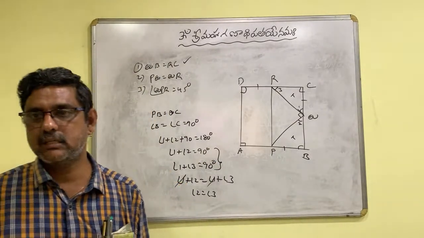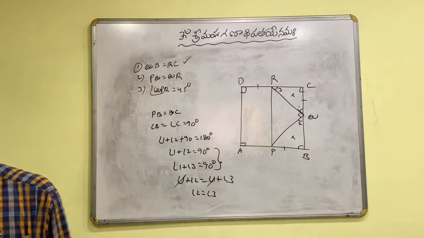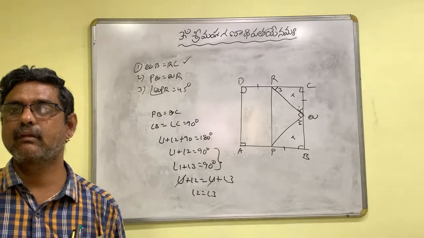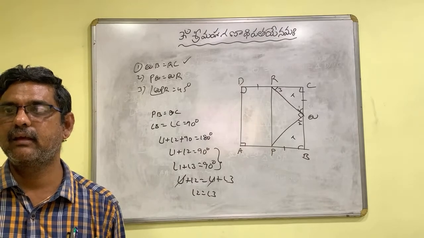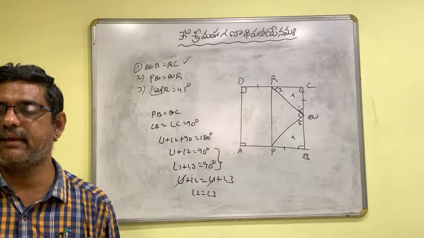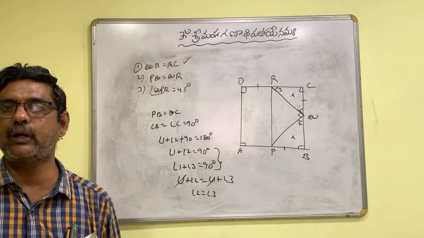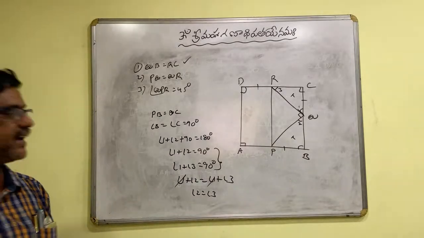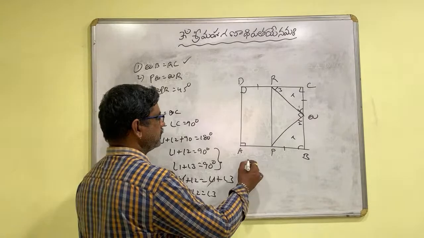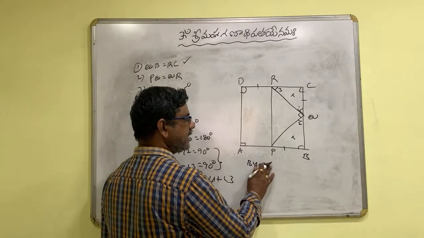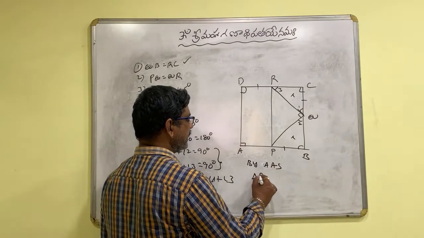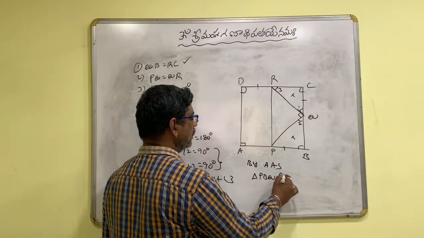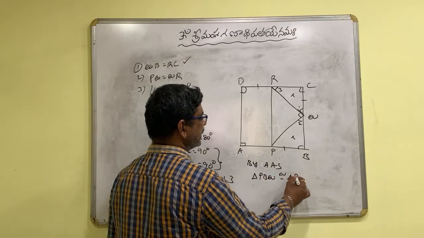Yes. By AAS congruency, triangle PBQ is congruent to triangle RCQ.